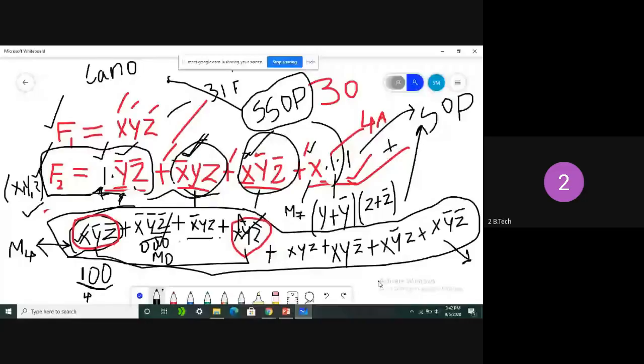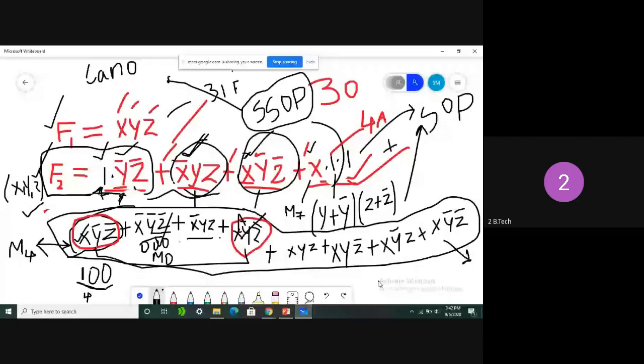So just now we have discussed the sum of product terms and standard sum of product terms. Now, what are the product of sum terms? Another way of representing Boolean functions.